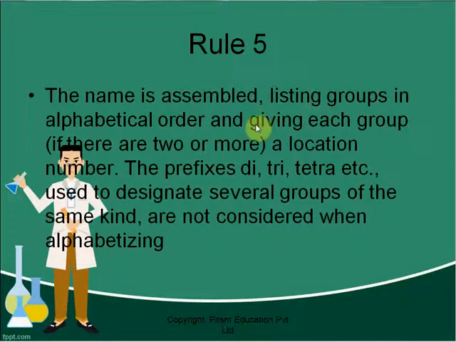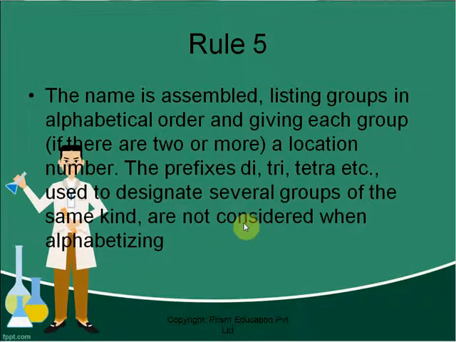The name is assembled, listing groups in alphabetical order and giving each group a location number. We know di, tri, tetra are used if we have several groups of the same kind. For example, dimethyl, right? And they are not considered when alphabetizing, which means, let us say I have two methyl groups at two different positions and one ethyl group at some other position.